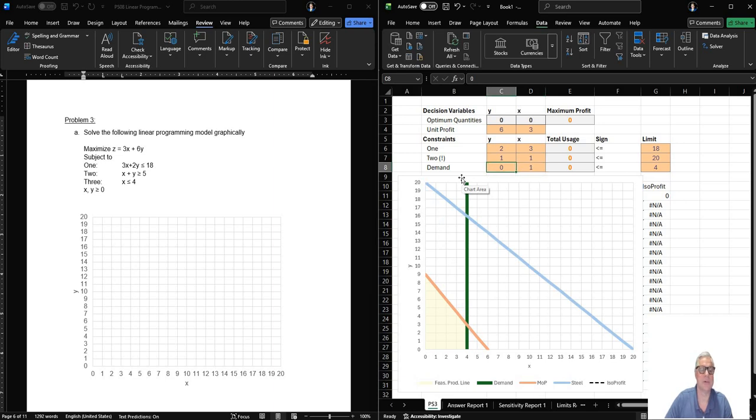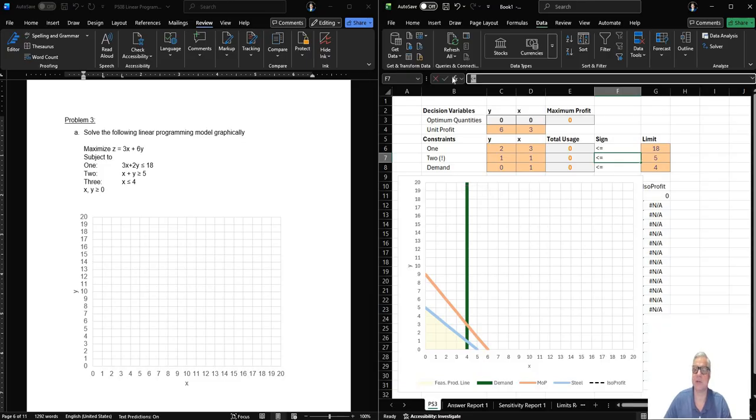And for 3, yeah, x is 1 and y is 0, and we have 4, 5, but we have to be careful and change the constraint, the sign, and yeah, for 1 we have 18.